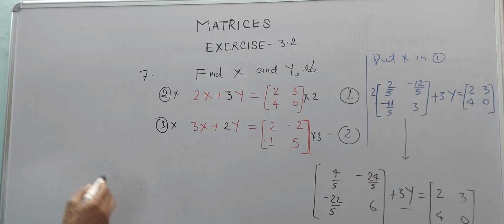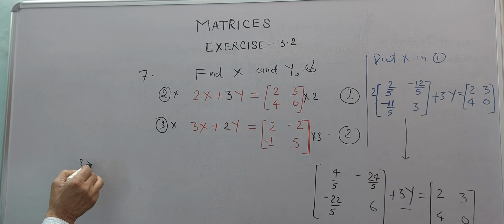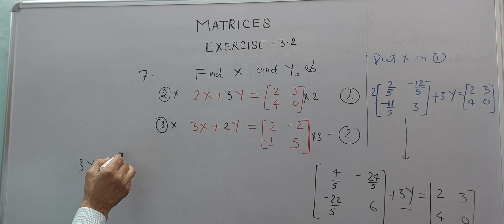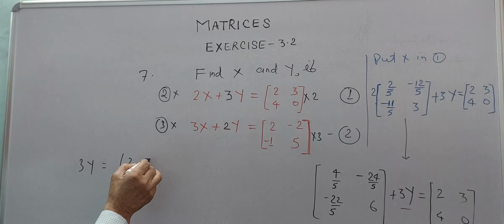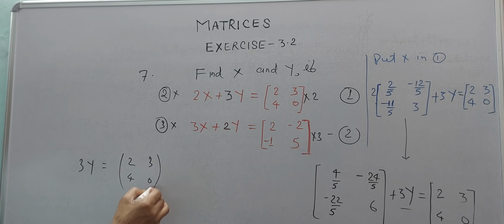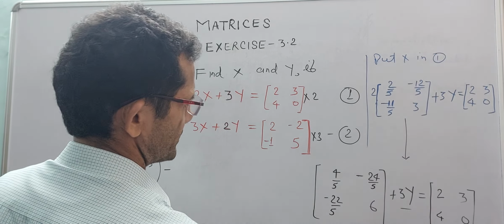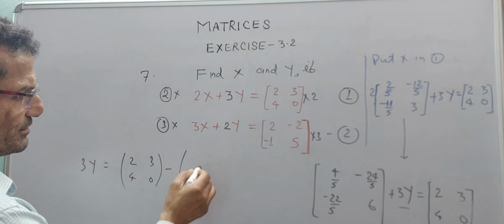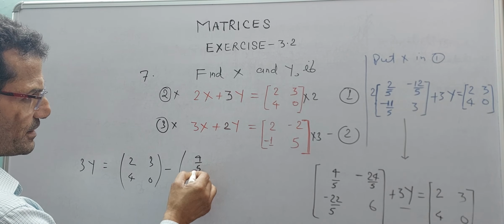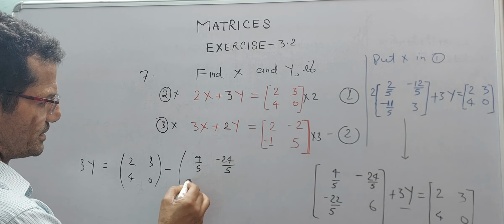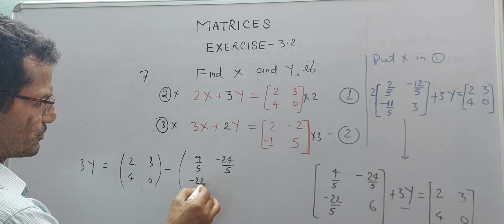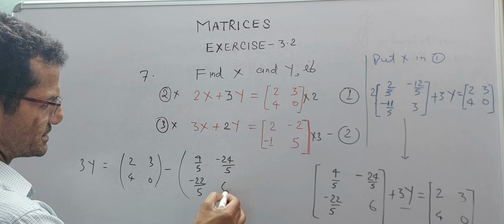Therefore 3y is equal to the right hand side matrix, first column 2 4 and second column 3 0, subtracted from this value. Now this value is 4 by 5, minus 24 divided by 5, minus 22 divided by 5, and 6.